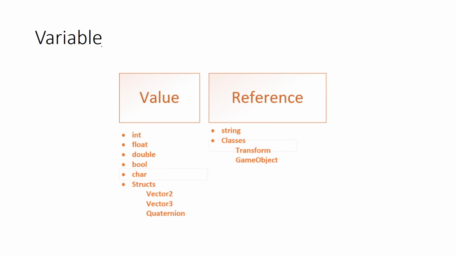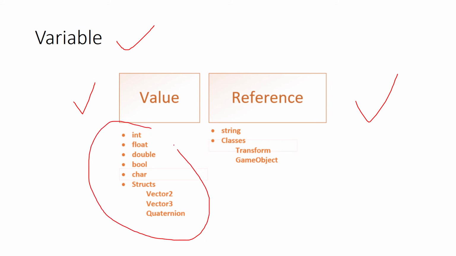Alright, so variable. I'm pretty sure all of you know what a variable is. Variable has two kinds, which are value and reference. Value consists of integer, float, double, bool, character, and structs, and reference are string, classes, transform, and game object. Transform and game object are children of classes.